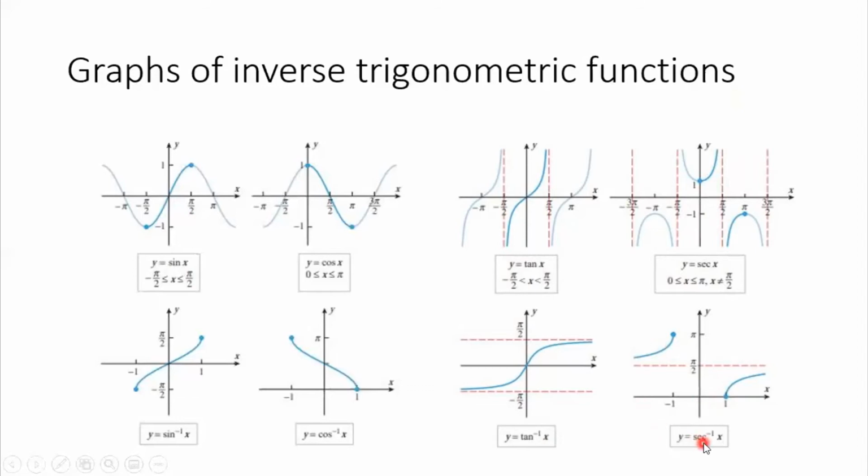So here in the secant inverse, the domain is negative infinity to negative 1 union 1 to positive infinity, and the range is 0 to pi provided that y should not be equal to pi over 2.